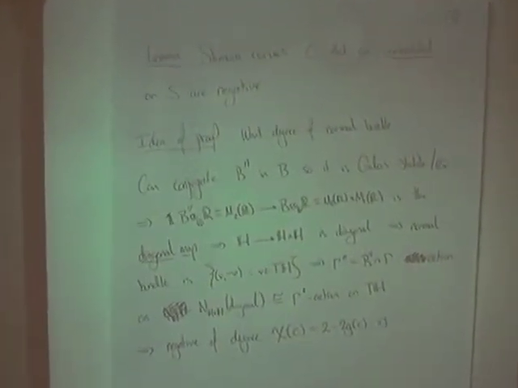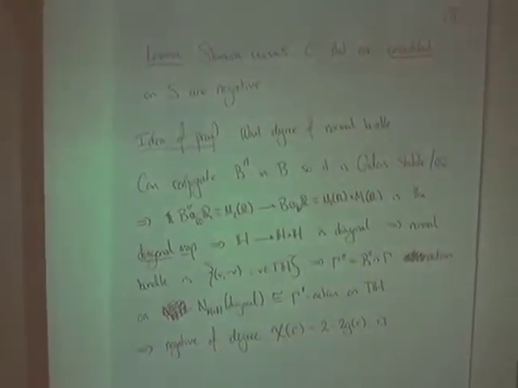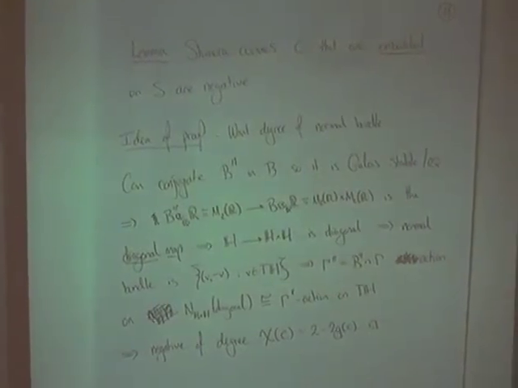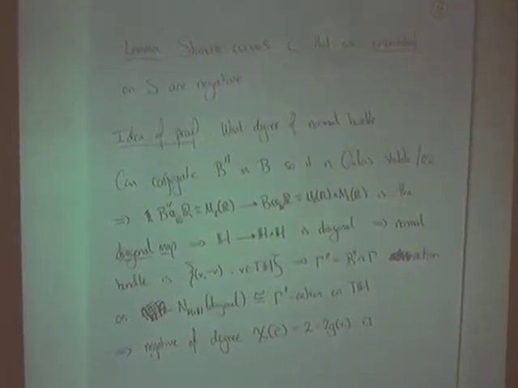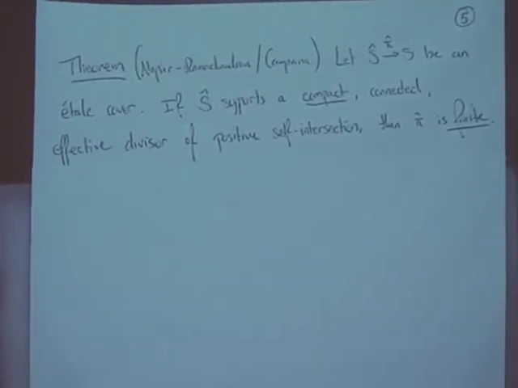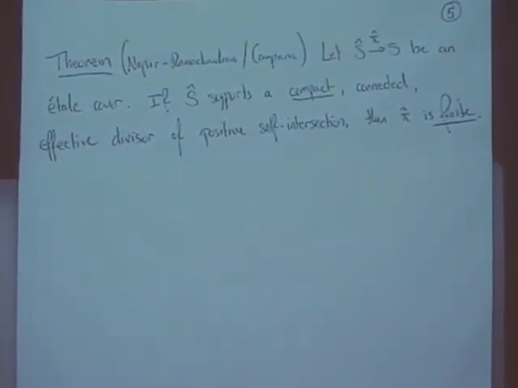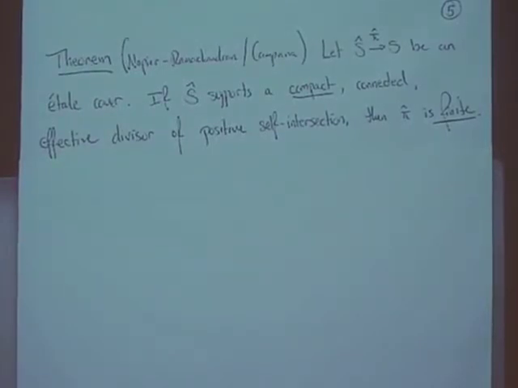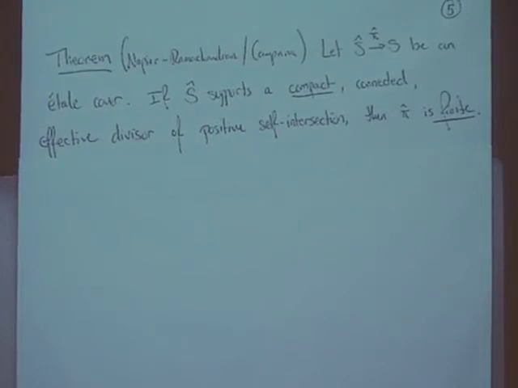The basic idea that we're going to want to apply here is the following. It's all characteristic 0. If you have an étale cover, and if it supports a compact connected effective divisor with positive self-intersection, then your covering is finite. Okay? So basically, infinite covers don't have effective divisors with positive self-intersection.